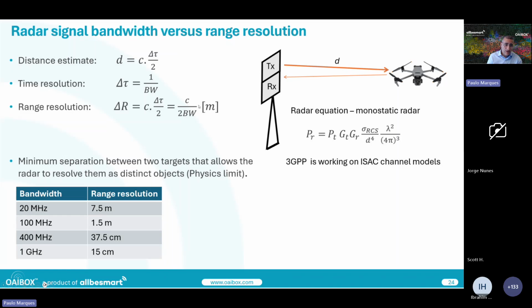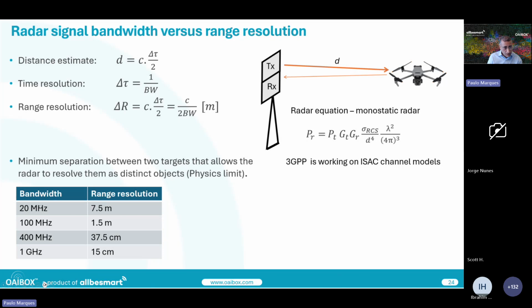Because this gives you the physics limits of range resolution, that is, the minimum separation between 2 targets that allows the radar to resolve them as distinct objects. So regardless of the machine learning or AI advanced algorithms that you may develop, we have the physics that limits the range resolution.